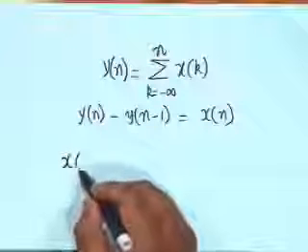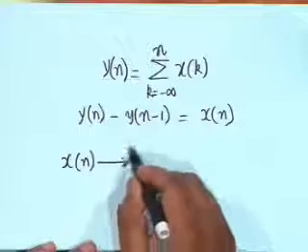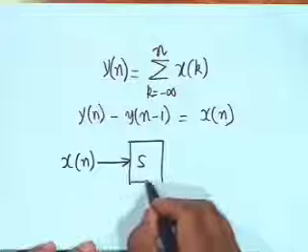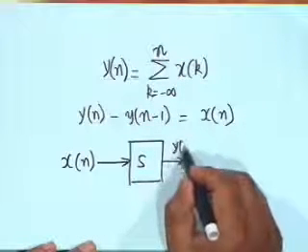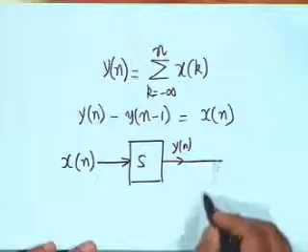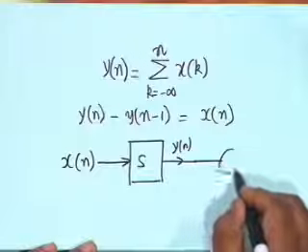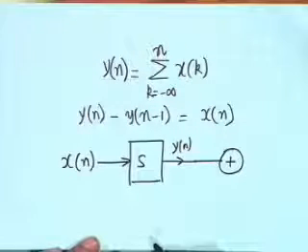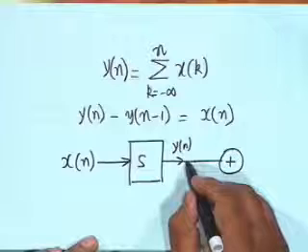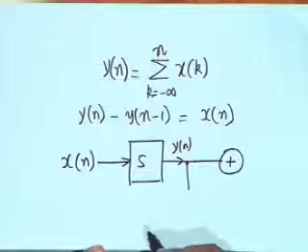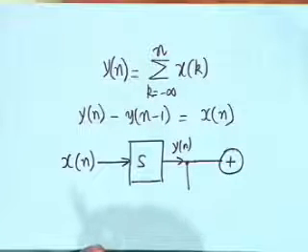Yes, of course. You see, x of n is the input, this is my original system S, and this is y of n. So what I do is, I put y of n to an adder, and I delay y of n by one sample.